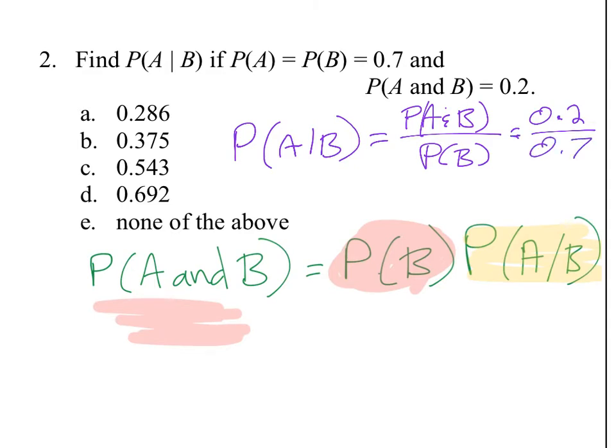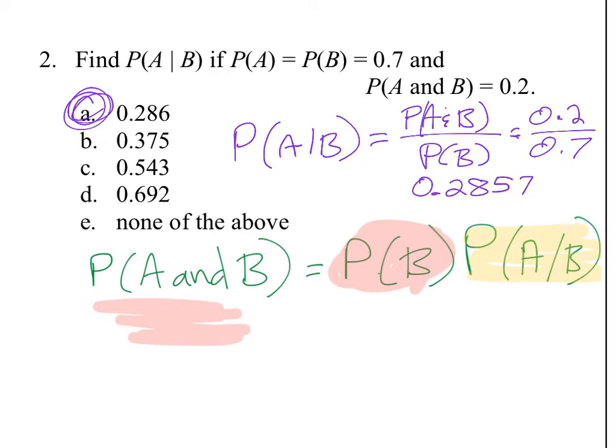We put this in our calculator. 0.2 divided by 0.7. And we get 0.2857, which is 0.286. So our answer is 0.286.